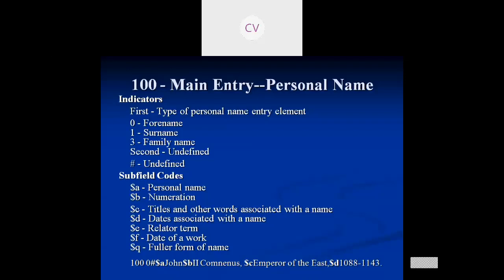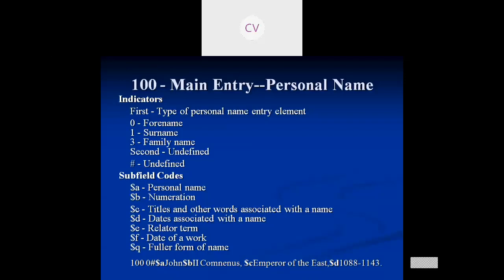1XX here. 100 is main entry, personal name. For the item being cataloged, the main entry access point will be a personal name. You have to enter it here.